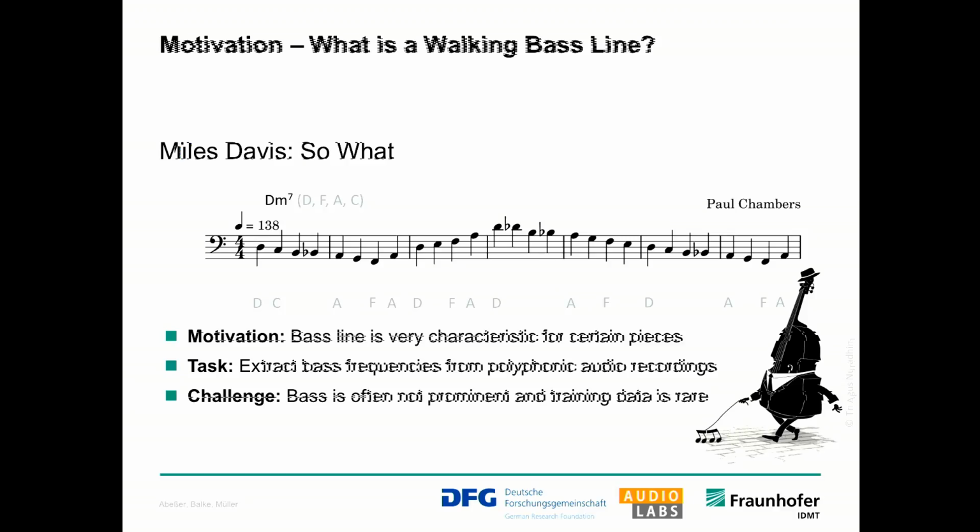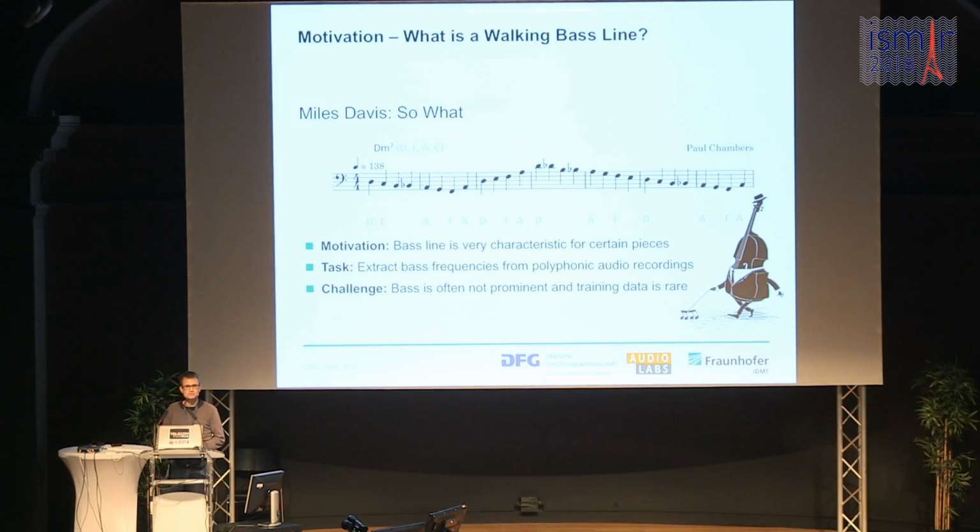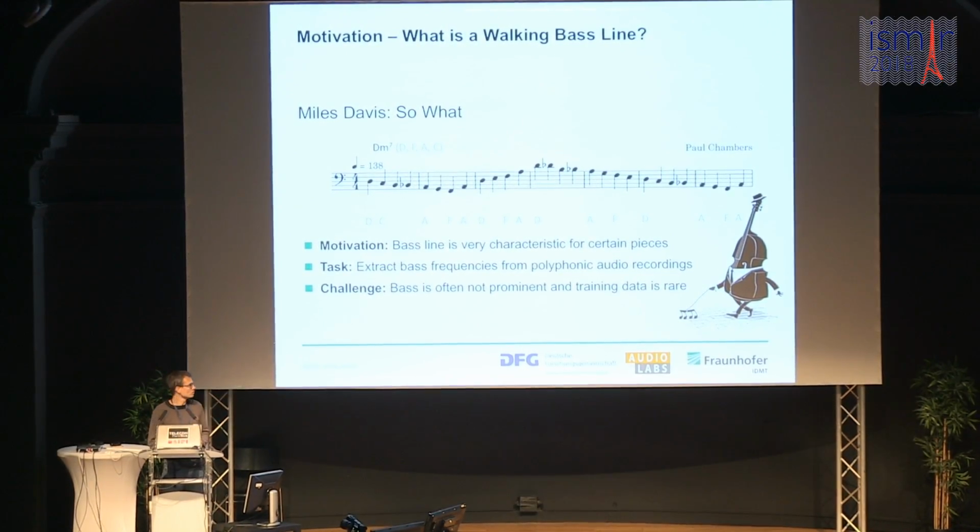It's the regular quarter note movement, typically played by double bass, which is very characteristic for a piece of music. In this contribution, we consider the task of extracting the bass frequencies from polyphonic music recordings. And the challenges are that the bass is often not prominent, as you just have heard, and that the training data is rare.